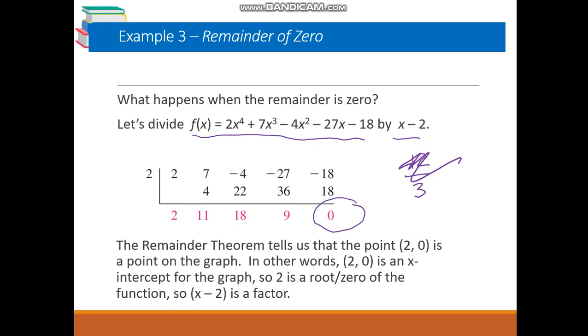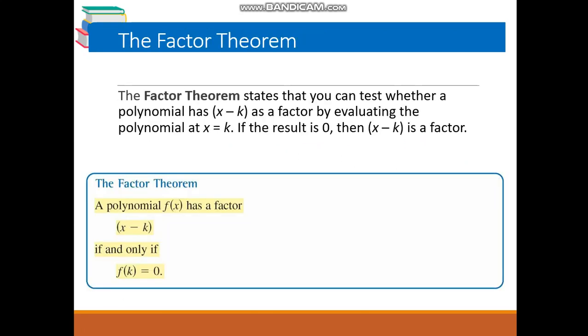So now, this is kind of useful, right? We know 2 is a root. We know x minus 2 is a factor. This could actually be some useful information. So the factor theorem says that you can test whether or not something's a factor by evaluating it at that k.